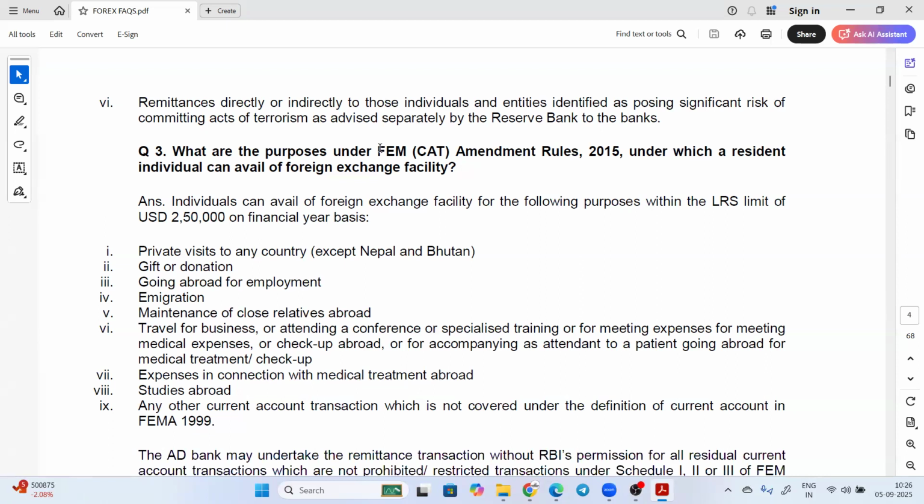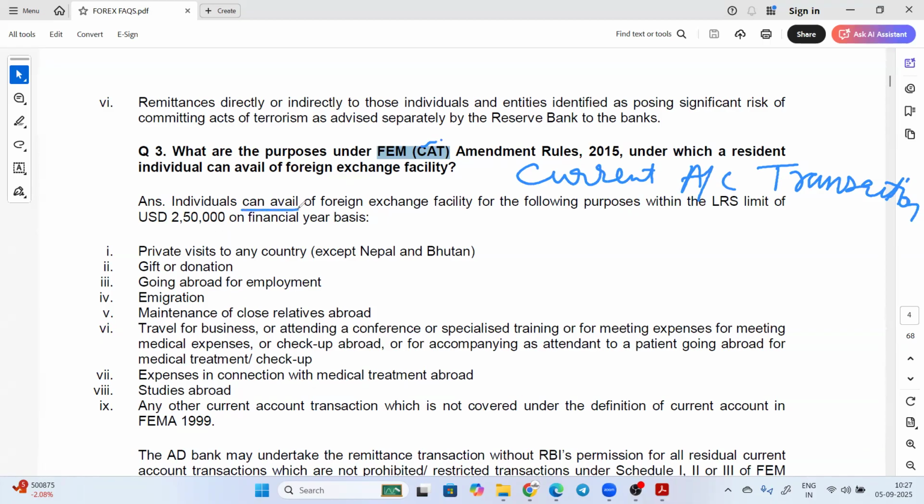So what is this FEMCAT? It is the Foreign Exchange Management Current Account Transaction Amendment. So this is Foreign Exchange Management Current Account Transaction, and it is related to that.